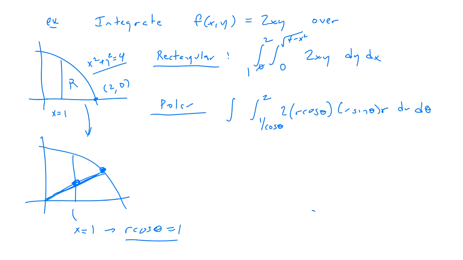Right, so r squared is equal to 4, but that's the same as r is equal to 2, because remember, a negative just means you're flipping to the other side, so we don't need both the positive and negative. And the next thing is, now for what values is that true? And you can see, well, it's certainly true starting here, and it goes until I hit this angle. So to make this even worse, I need what is this angle. So I know x is equal to 1, which means y is equal to root 3.